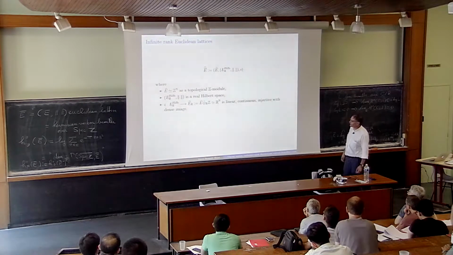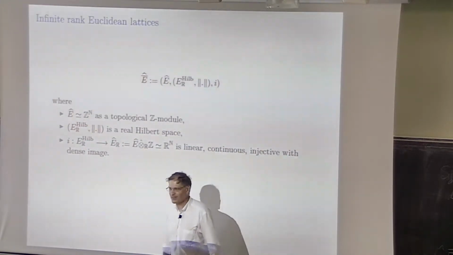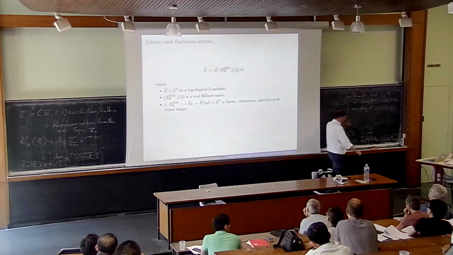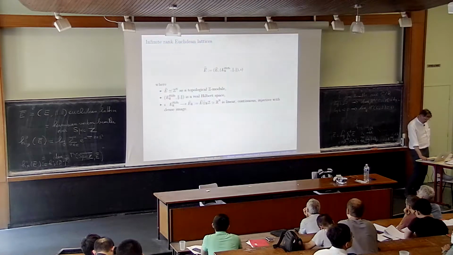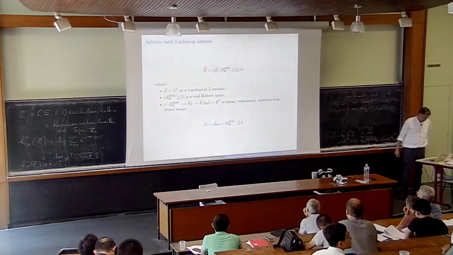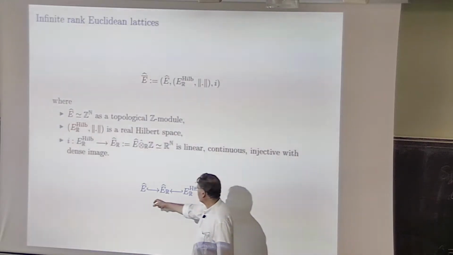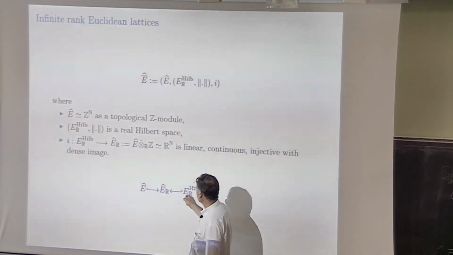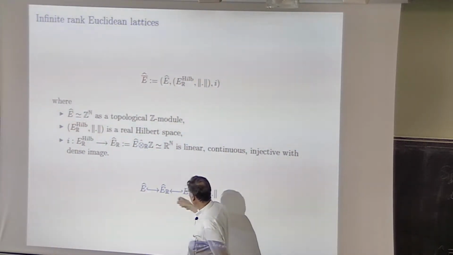Oh, yes, I have switched, it's the Z and the R. Thank you. Okay. So you see, the first and the second part of the data, you cannot directly compare this Hilbert space and E hat.